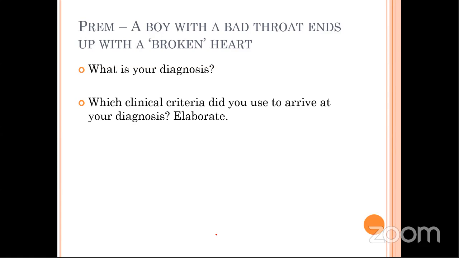If you have this question, elaborate, you have to give the examiner all the criteria in the modified Jones criteria. That means all the required criteria, all the major criteria, and all the minor criteria. Here again, I would recall the mnemonic for the major criteria, that is JONES.